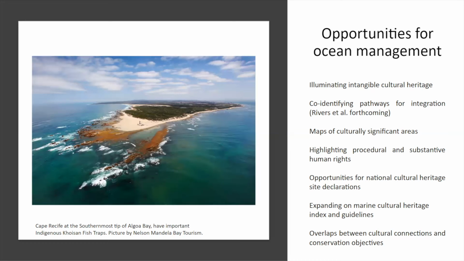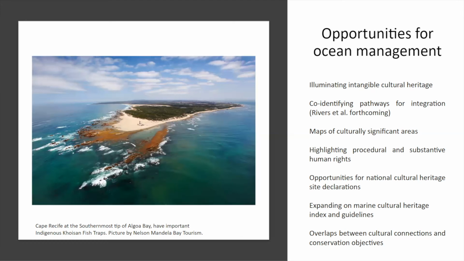Some of these methods have also highlighted procedural and substantive human rights in terms of participation and in terms of people's Indigenous rights. And even though UNDRIP is recognized in South Africa, we see that it's not supported enough by the legal framework. And we also find that there are opportunities for declaring or nominating national heritage sites.